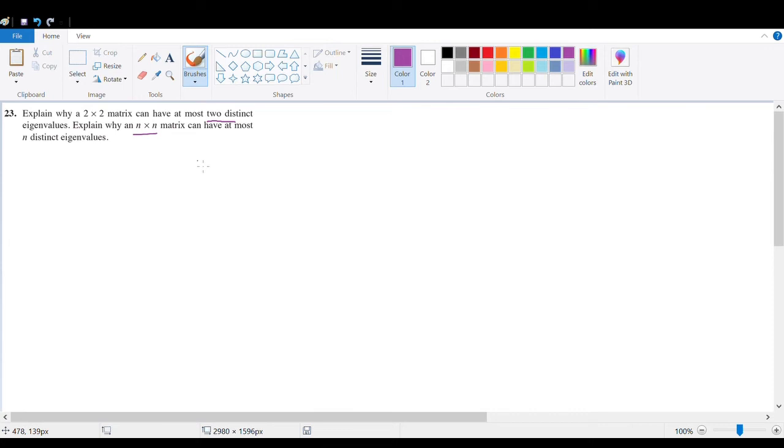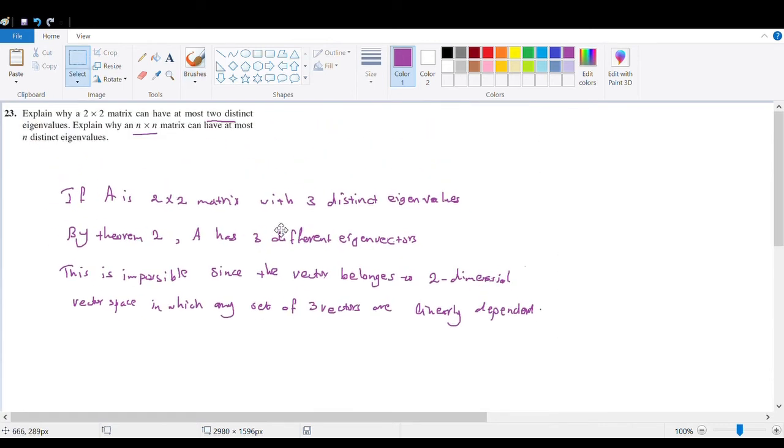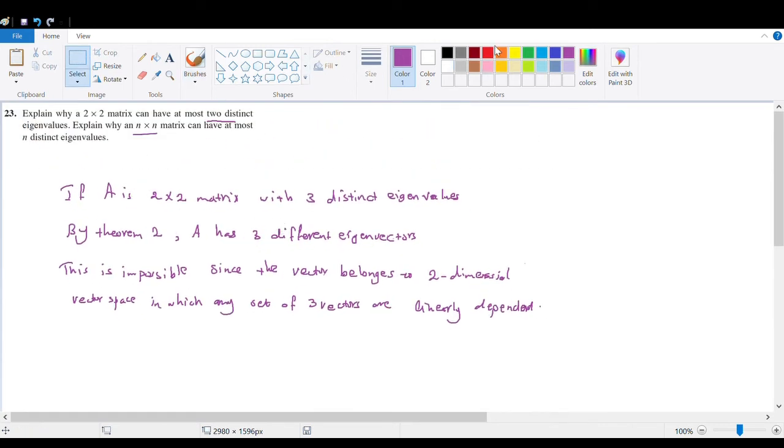So if A is a 2 by 2 matrix with 3 distinct eigenvalues, for example lambda 1, lambda 2, lambda 3, each lambda will correspond to different eigenvectors, which are v1, v2, v3.